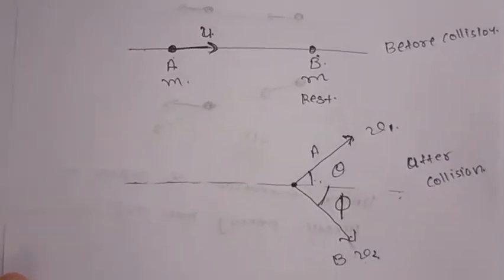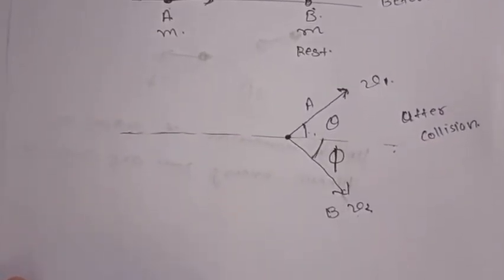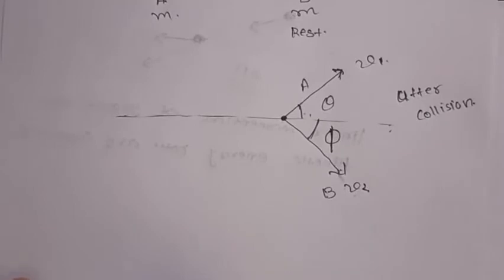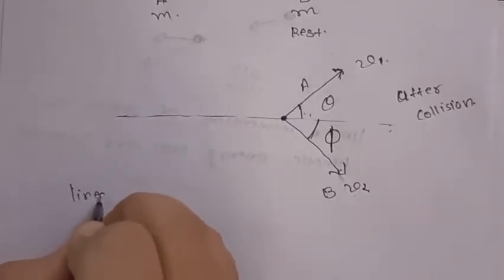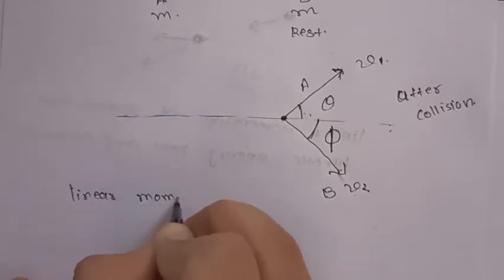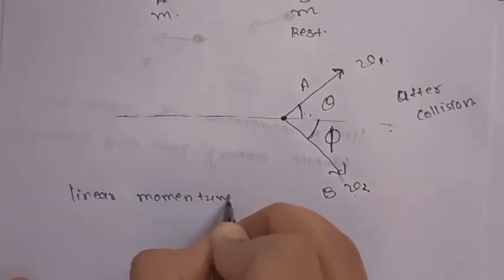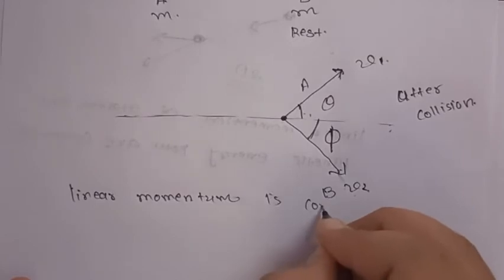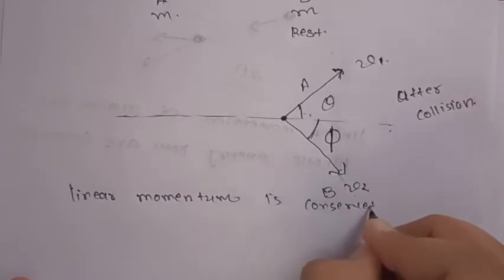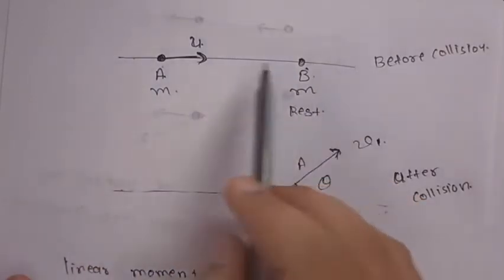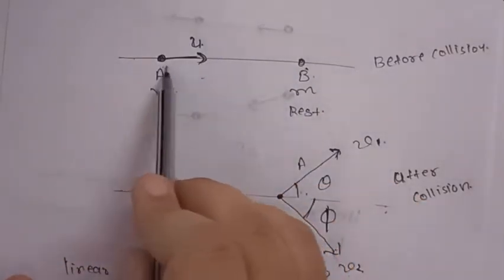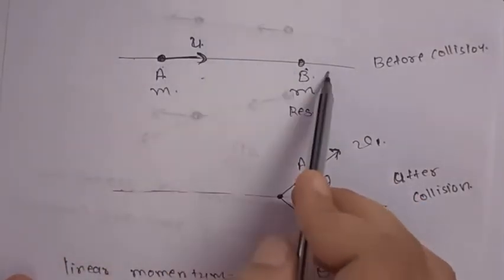So let us write the equations. First, the linear momentum is conserved. Initially, let us say this is the x-axis. So the initial linear momentum was directed along the x-axis.